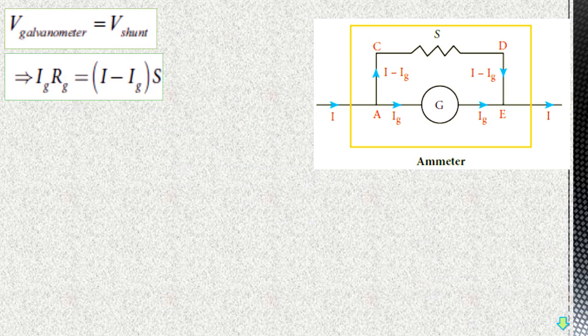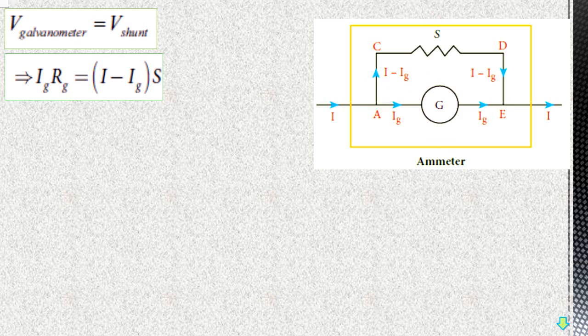So Ig Rg is equal to (I minus Ig) into S, the shunt resistance. This is the current through the galvanometer, and this is the current through the shunt resistance.